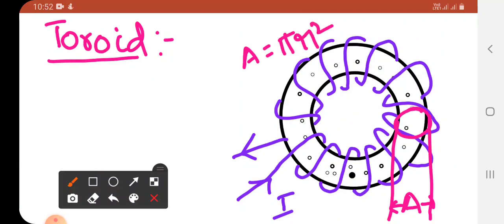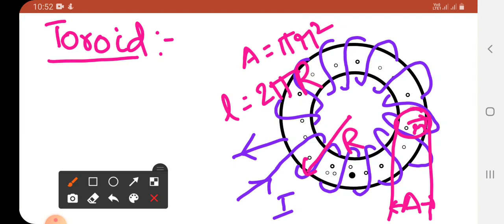Now what is the length of the toroid? The length of the toroid is equal to the perimeter of the toroid. So L is equal to 2 pi R, where small r is the radius of the cross section and capital R is the radius of the toroid.